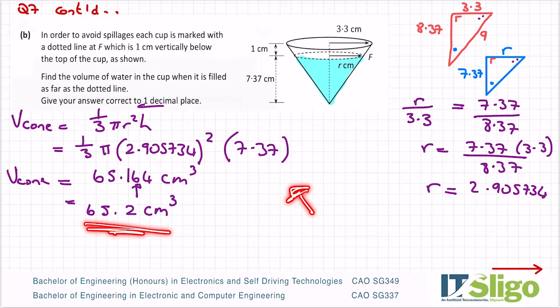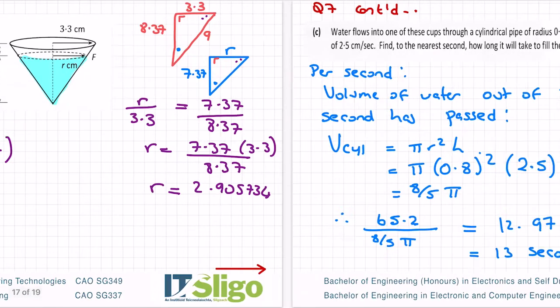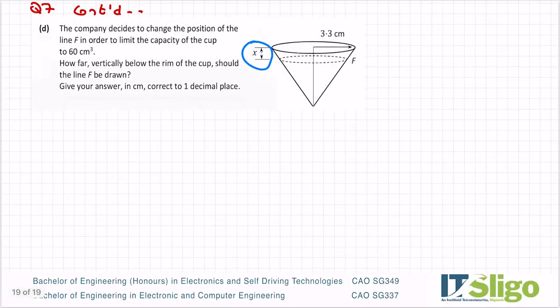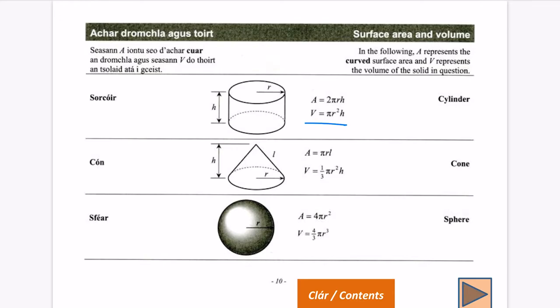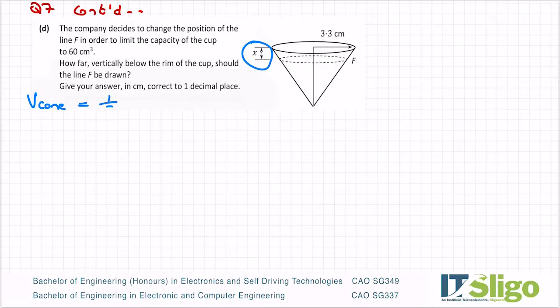We used the volume of the cone, and to do that we needed the radius and the height. So we still need the volume of that cone, which is 1/3 pi r squared h, and we need that to be 60 centimeters cubed for this question.